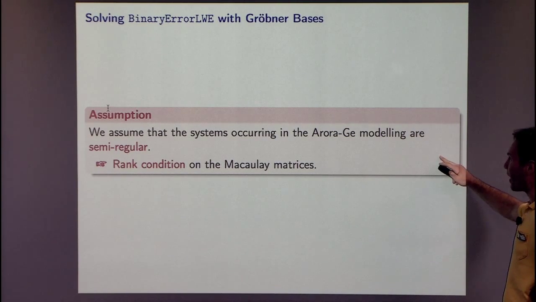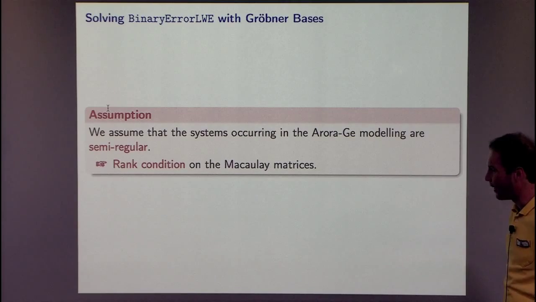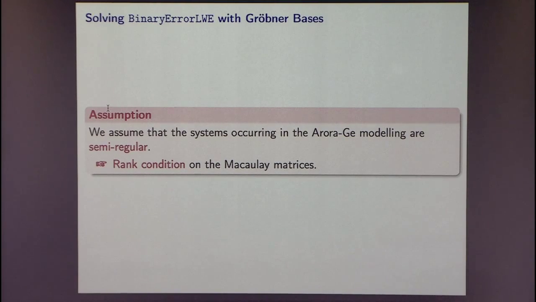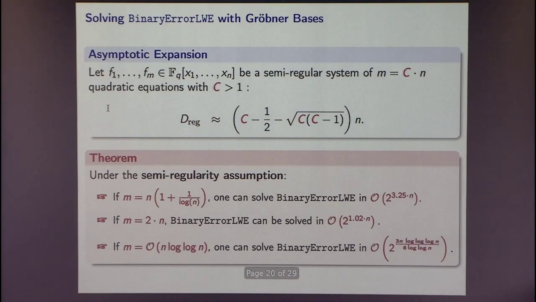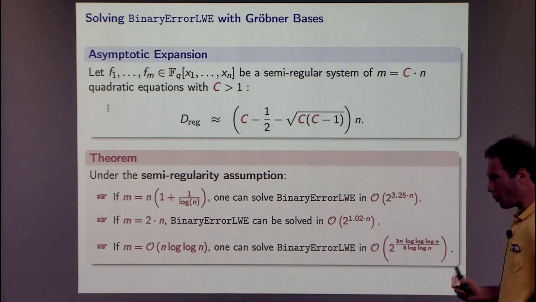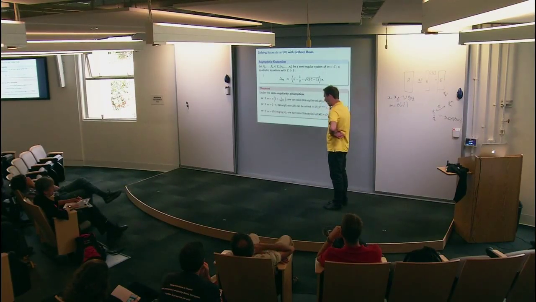But to derive this bound on the complexity, I will assume that the system that I'm generating here is semi-regular. Okay? So this is my assumption. And so assuming this, the assumption is false, or you just don't know that it's true? I don't know. I will talk about the assumption just after.